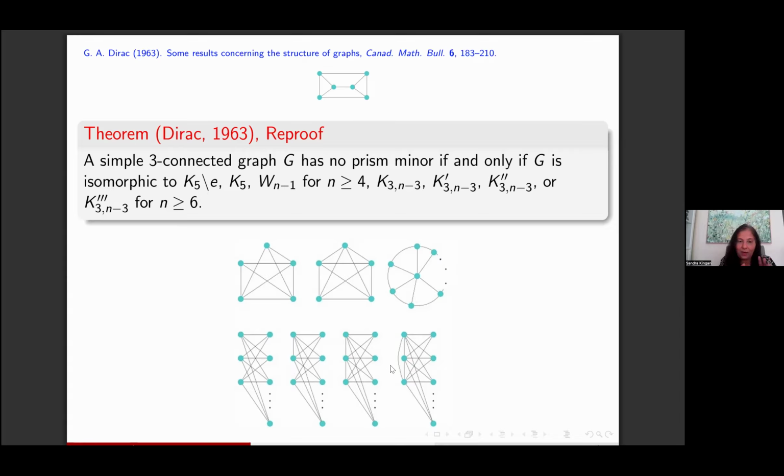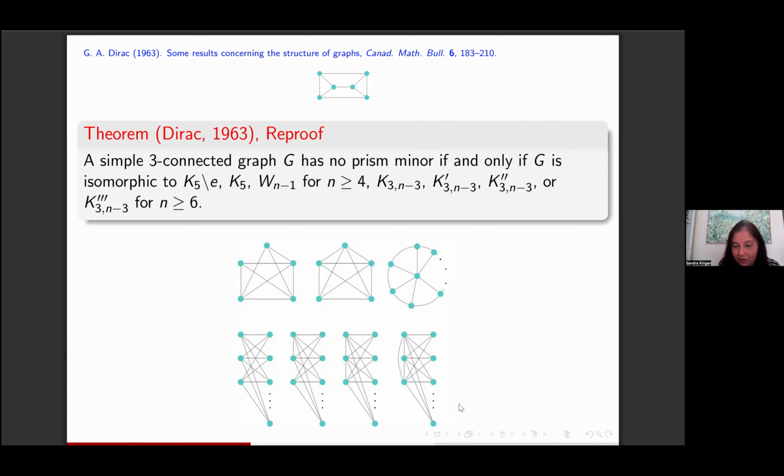But actually, the way in the proof, it turns out that this one is also very important, because if you know this one, then you can grow all these quite easily. But I don't have a good name for this.